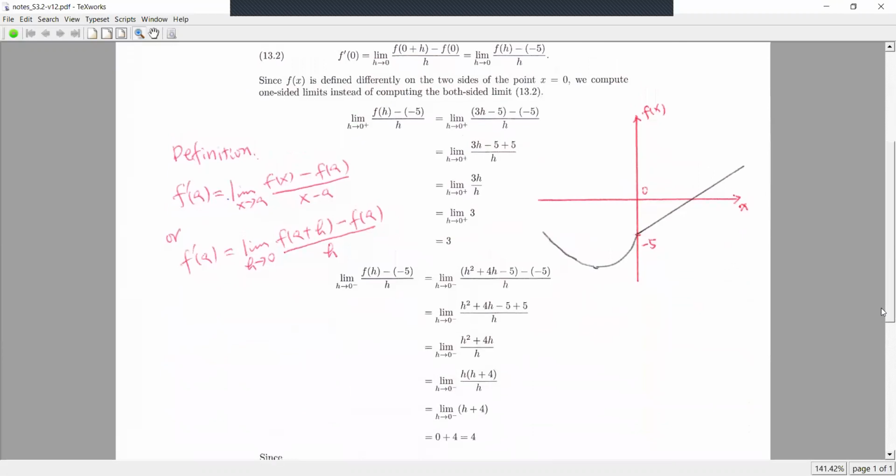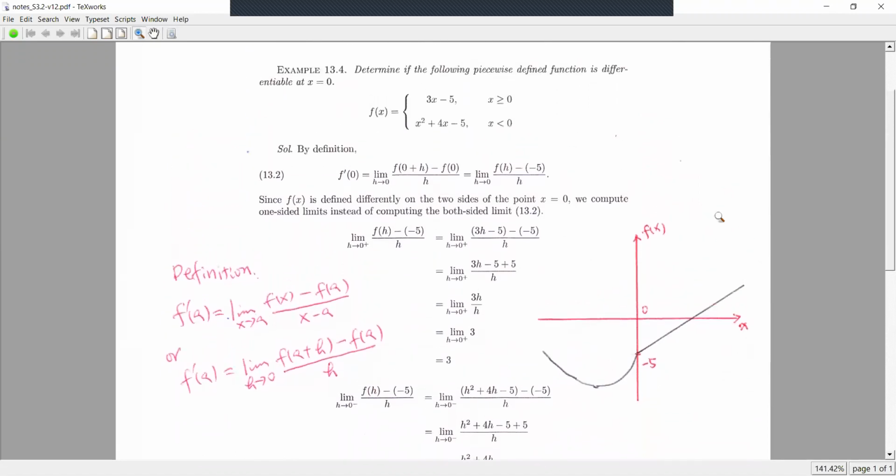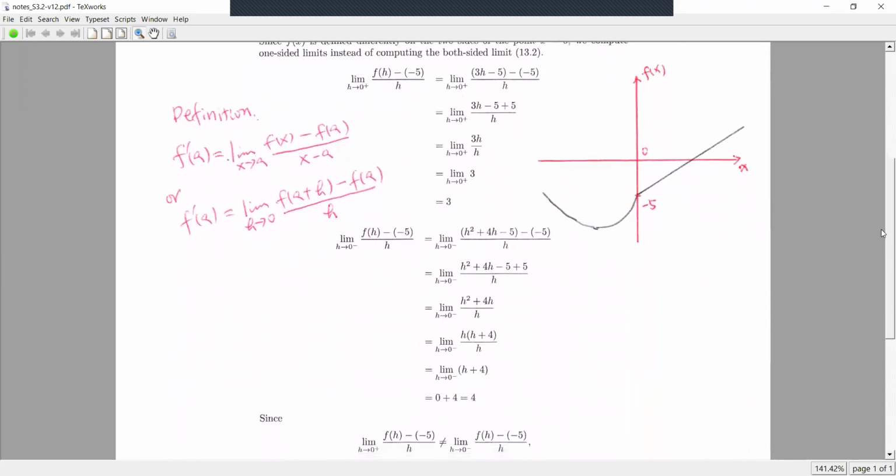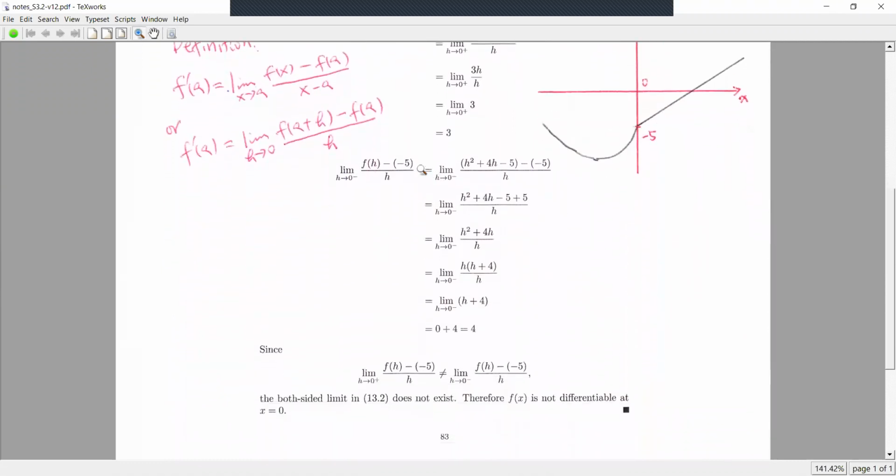Now, the left-hand side limit. For h approaching 0 from the left, h is less than 0. When h is less than 0, f of h is h squared minus 4h minus 5. So I have this equation. Now simplify the numerator. Negative 5, positive 5.